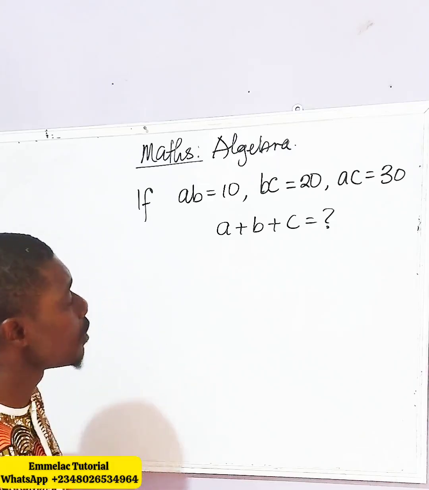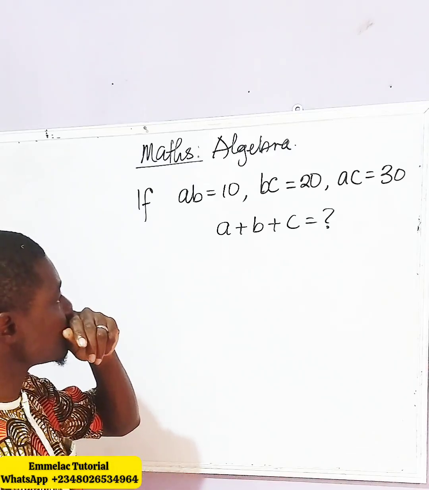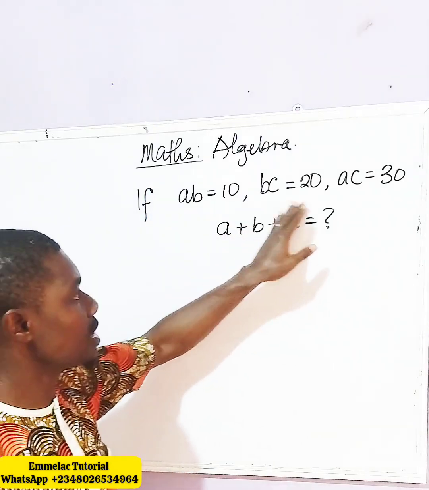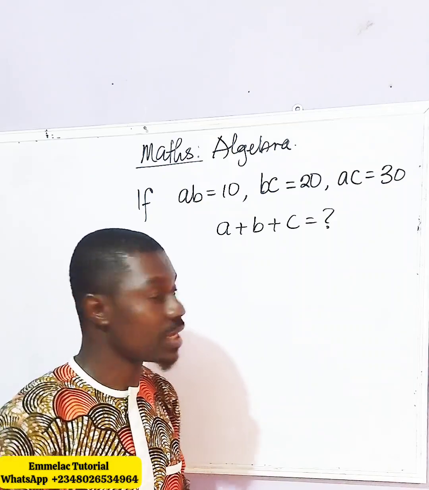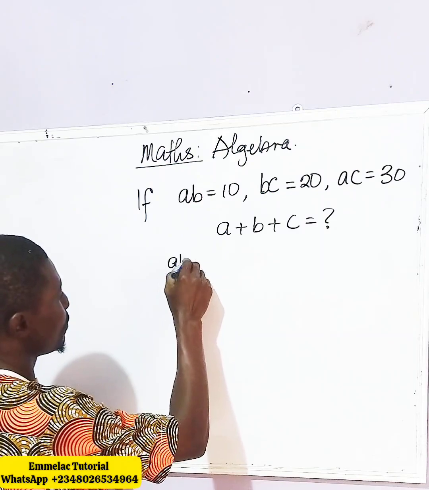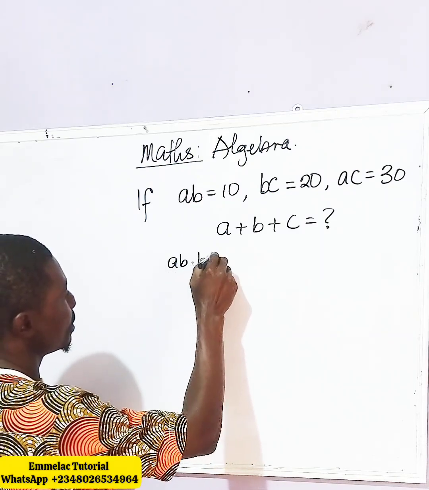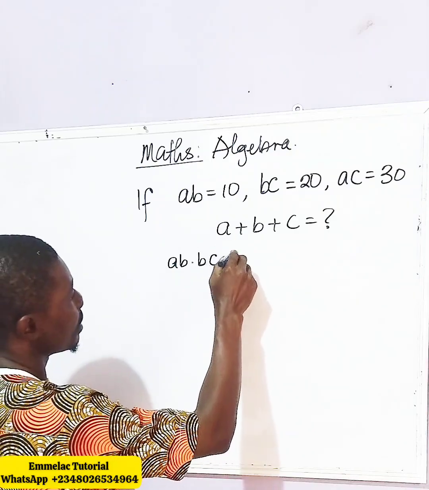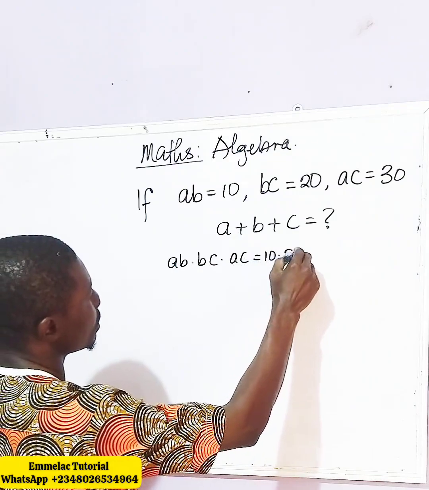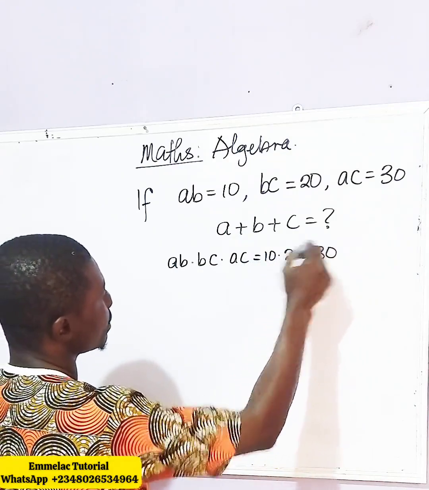Now, first of all, I want to multiply AB, BC, and AC together. So here we have AB times BC times AC, now giving us 10 times 20 times 30.